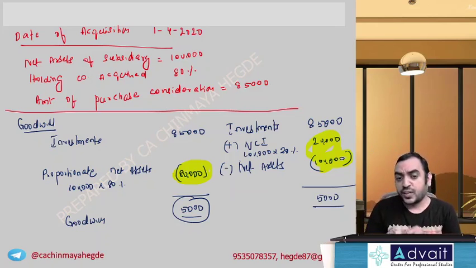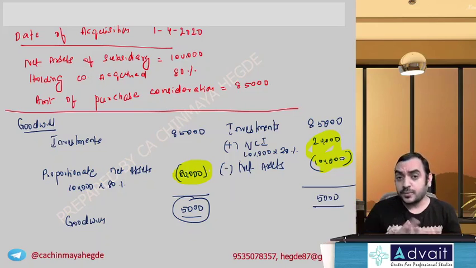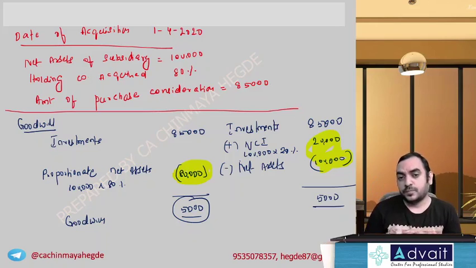This goodwill of 5,000 that we calculated, does it belong only to the holding company share, or to the entire subsidiary company? Thinking so much? You already calculated. The answer is in front of you. It relates only to the holding company. Perfectly right.